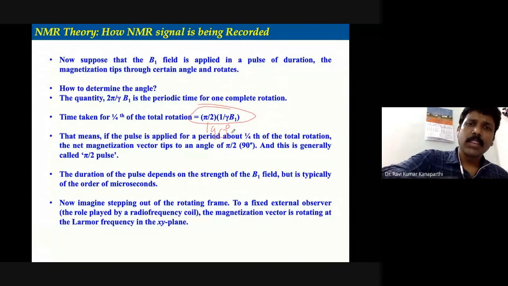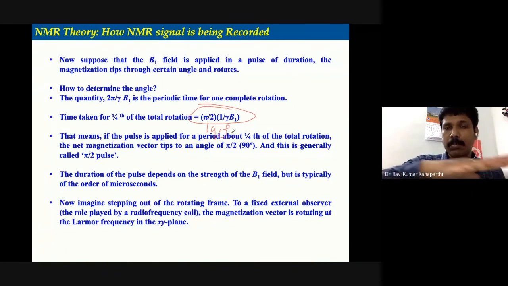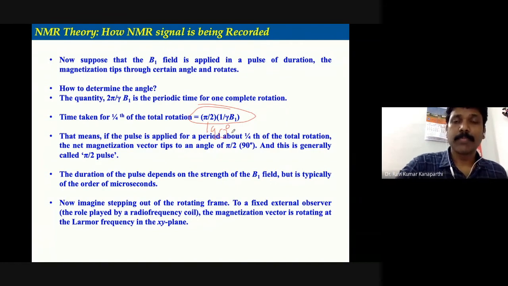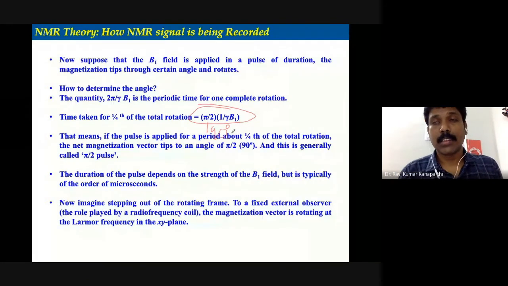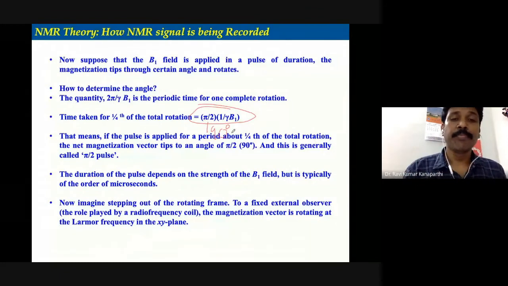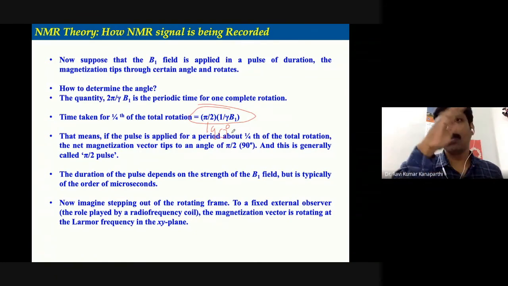But this motion, rotating in the XY plane and going back to the original position along the z direction, doesn't happen instantaneously. Rather, it happens through an exponential mechanism. It slowly relaxes to the actual position.